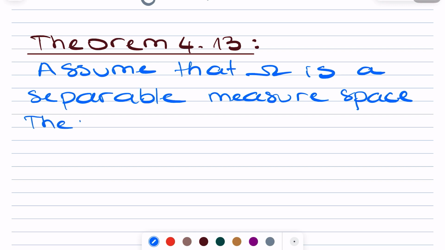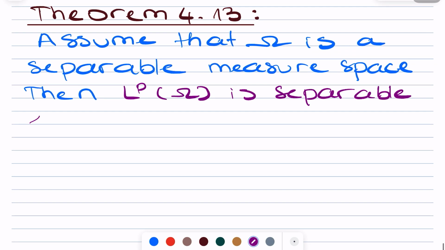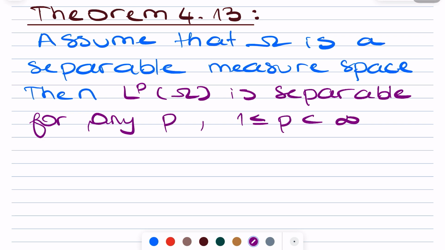Then L^p is separable for any p between 1 and plus infinity. So that Omega needs to be a separable measure space.